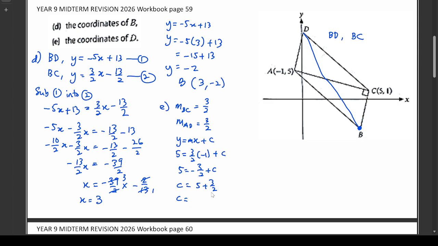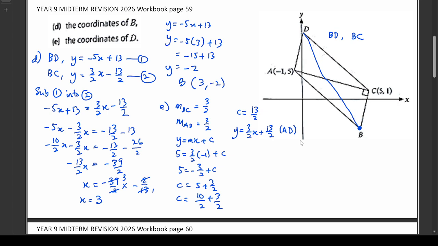The denominator is 2, so 5 times 2, 10, which is basically c equals 13 over 2. Rewrite the equation: y equals 3 over 2 x plus 13 over 2. So this is basically the equation of AD.